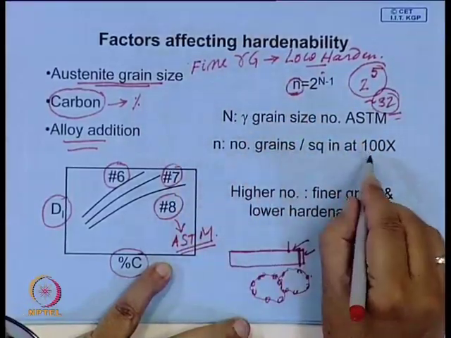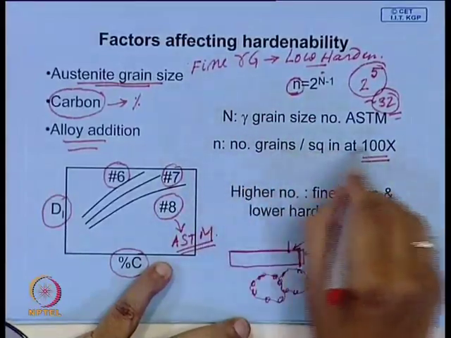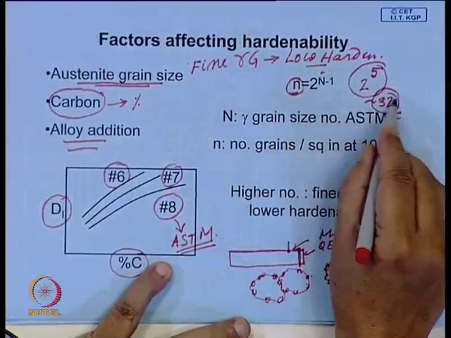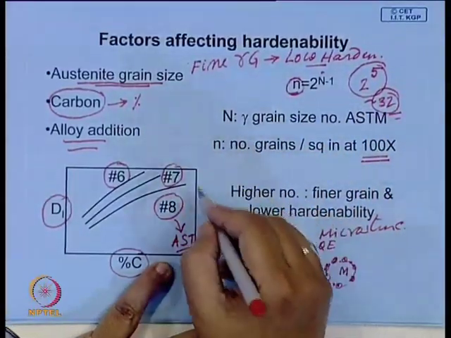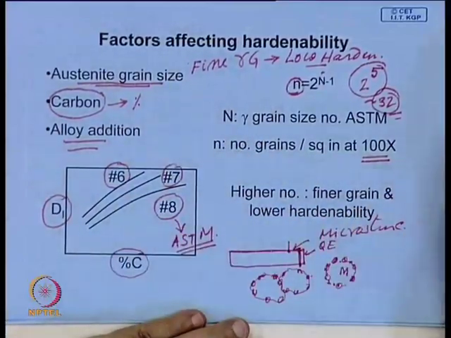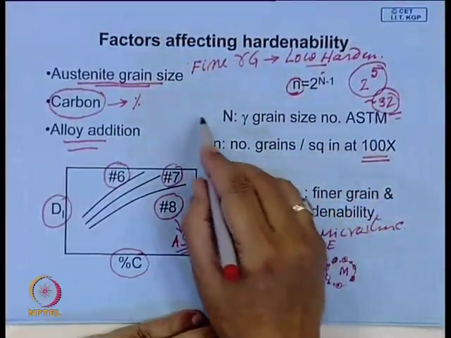If you look at that microstructure at 100 magnification, in that field you will see 32 grains of austenite per square inch. And all these procedures were devised at a time when many of these dimensions were defined in terms of inches.